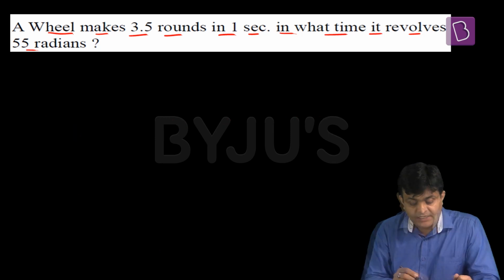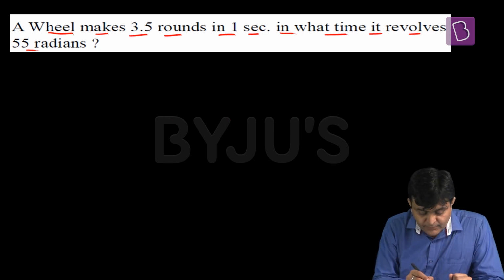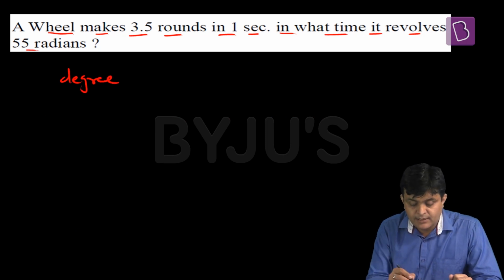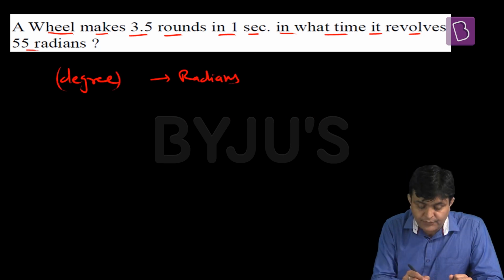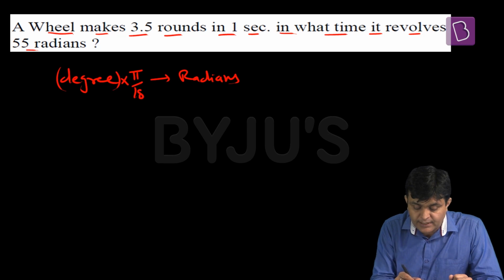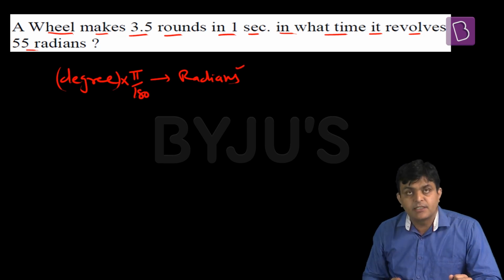Okay, let's see. Next thing is, if we have degree measurement and want to convert it into radians, if we multiply degree measurement by pi by 180, it becomes radian.